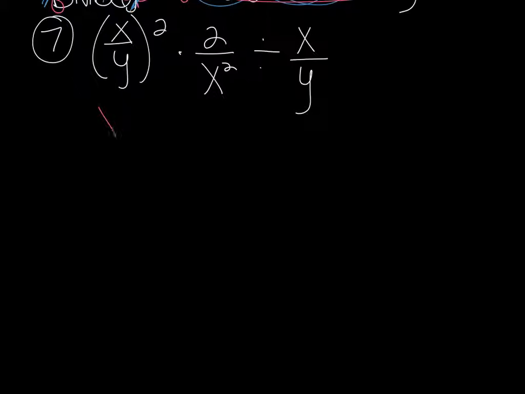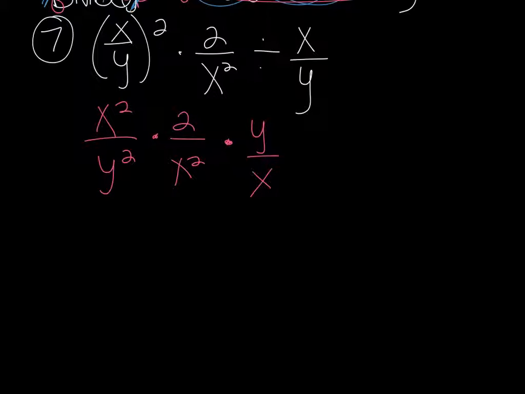So that means I have to take x squared and I have to take y squared. Since that first symbol is a multiplication symbol, that fraction stays the same. It's going to stay a 2 over x squared. But if I want to change this division sign to a multiplication symbol, what else do I have to do? Flip the fraction that comes right after the division sign so that x over y becomes a y over x.